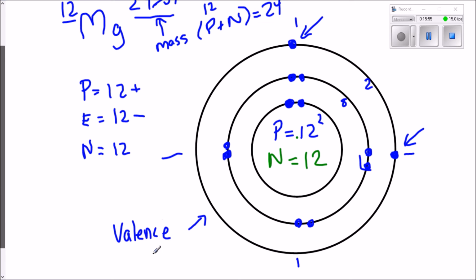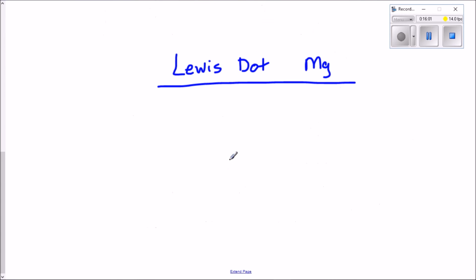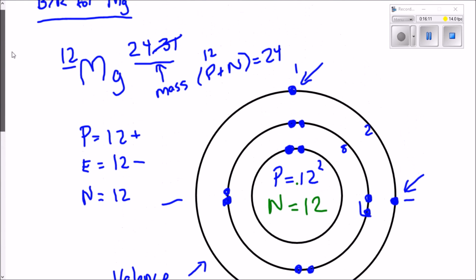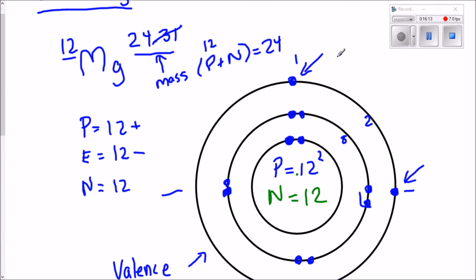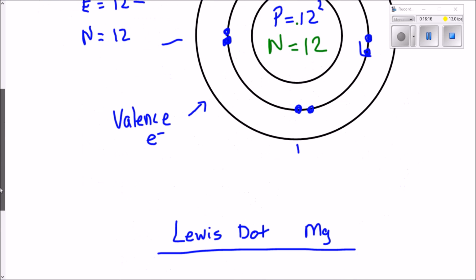When we draw a Lewis diagram for magnesium, all we do is take the element symbol, Mg, and put the valence electrons around it just like we saw in our Bohr Rutherford. So we have magnesium with these 2 electrons around it. Now those are the only ones we care about, because the valence electrons, those are the only unpaired ones, and they're the ones that are going to react with things.